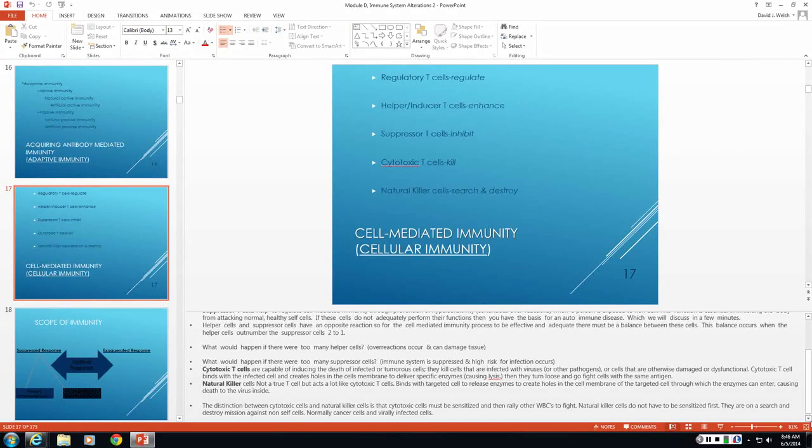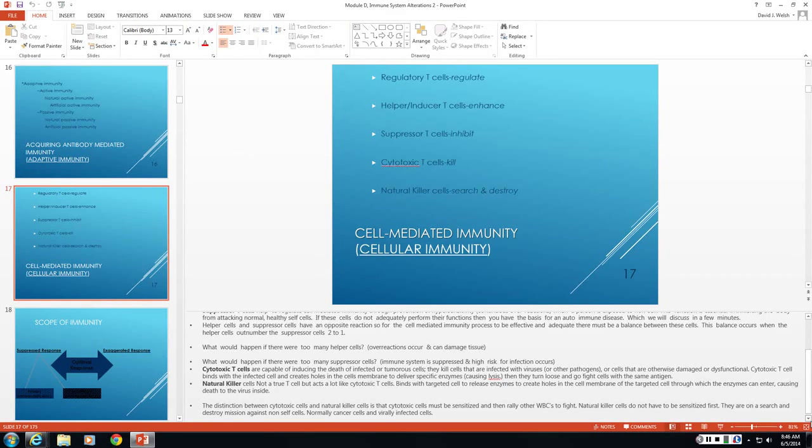Now, your natural killer cells are not a true T cell, but they act like a cytotoxic T cell. Basically, they bind to the targeted cell and release enzymes to create holes in the cell membrane of the targeted cell, through which the enzymes can enter, causing death to the virus inside.